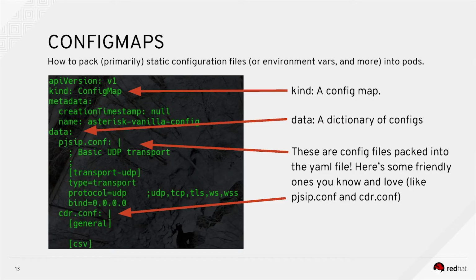I also have config maps in here. Config maps are a way that I can inject configurations into these pods. In this particular case, these are mostly static configurations. There were a few things in here that don't necessarily need to have the configuration pushed to them. For example, I wanted CSV CDRs, so I injected a cdr.conf into each of these.